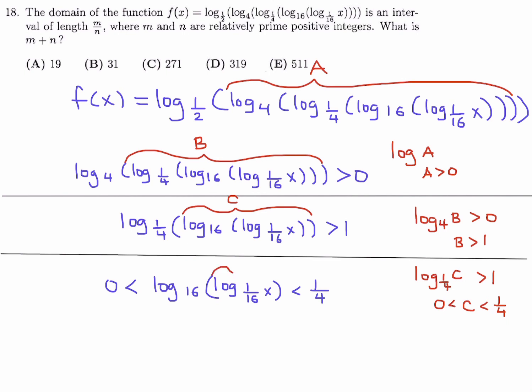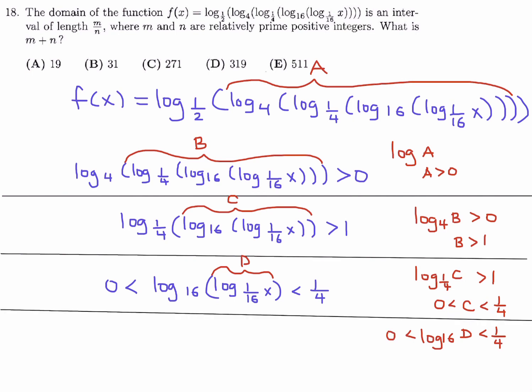Moving along in the same sort of way, let's call this guy in here d. So that means that the log of d to the base 16 is between 1/4 and 0. And the only way that would be true is if d was between 16 to the power of a fourth and 16 to the power of 0.